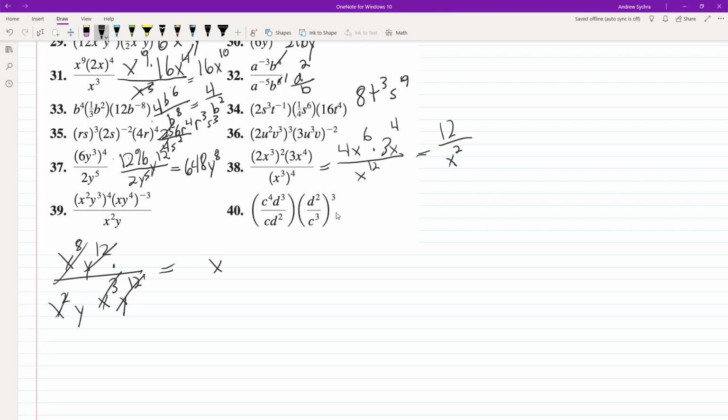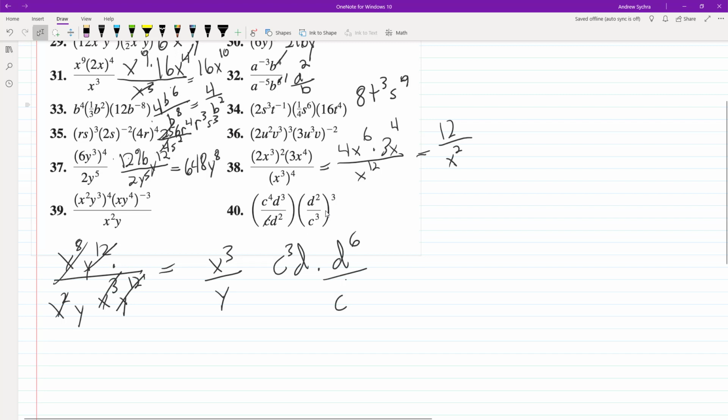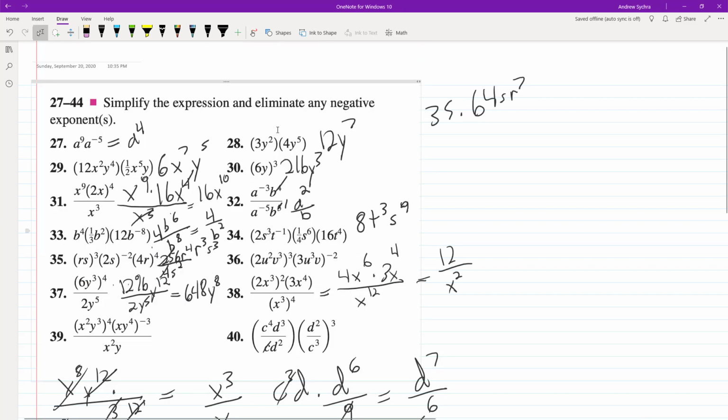So we end up with x cubed over y. Over here, this becomes c cubed d times d to the 6th over c to the 9th. I think that's d raised to the 7th over c raised to the 6th. Let's check. Yeah, that's what I got. Okay. Alrighty.